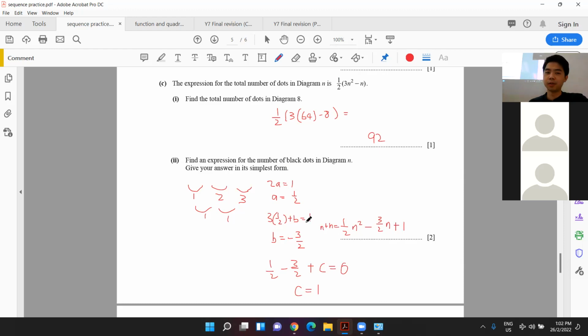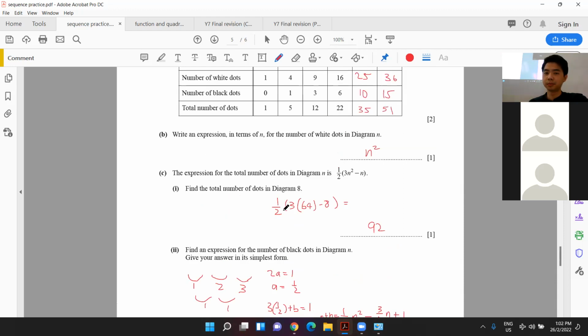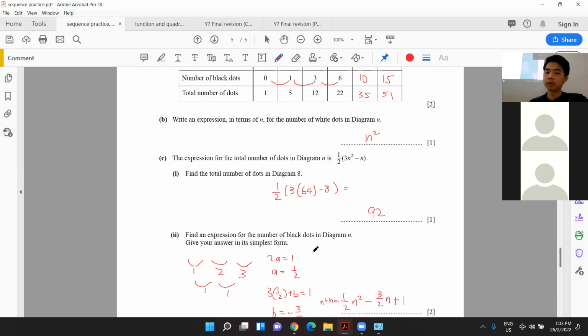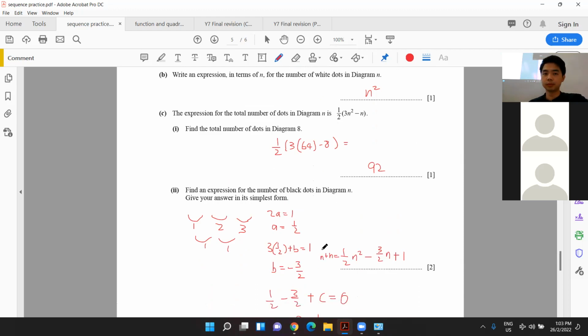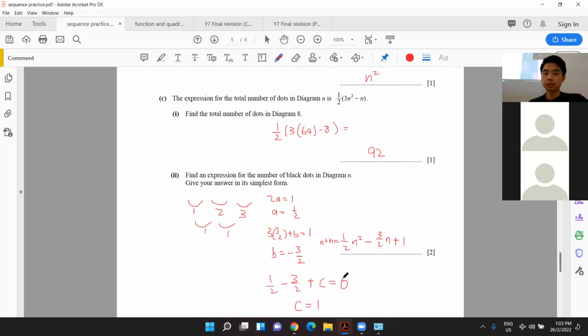Why not? It's just a quadratic. It's just 1, 2, 3, then 1, 1. Can you take the calculator and check my answer for C? Is it correct?